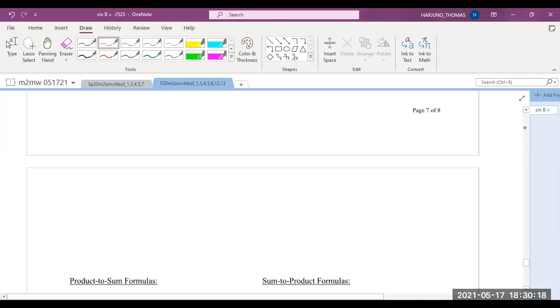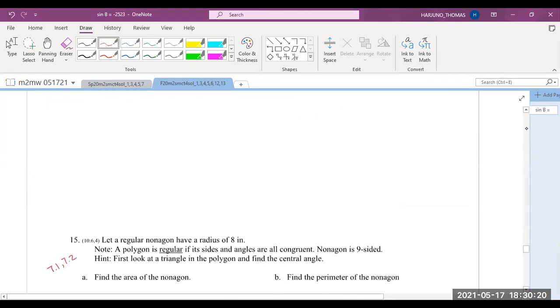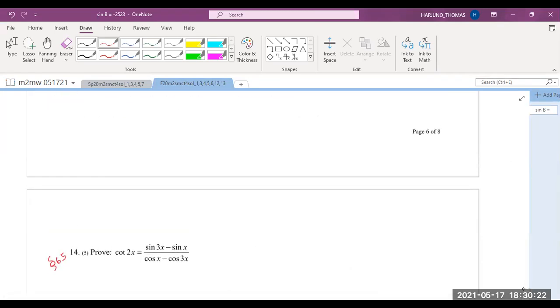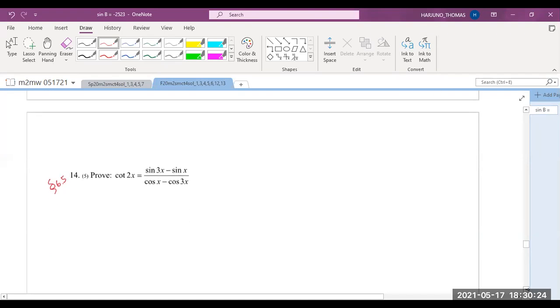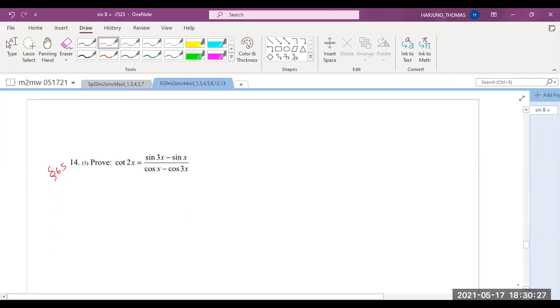Where is that number 14 earlier? This one here, you can use that formula if you want. Let me just do it while at the same time killing time, right? The proof. I will start from the right-hand side to the left-hand side.